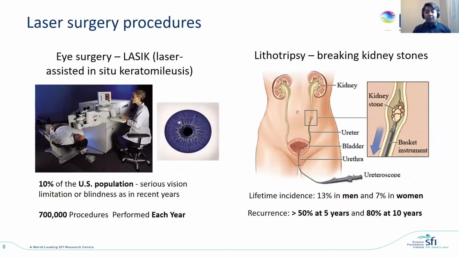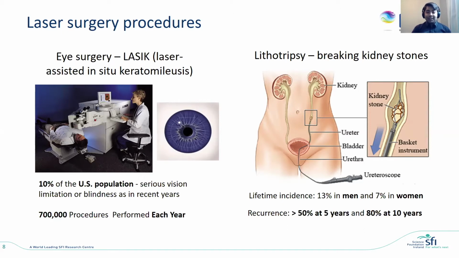So some of these procedures are eye surgery, for example. The most common one is LASIK, so the laser-assisted in situ keratomileusis. And this is a procedure that is very common. If you just get the statistics in the US, there are 700,000 procedures performed each year.